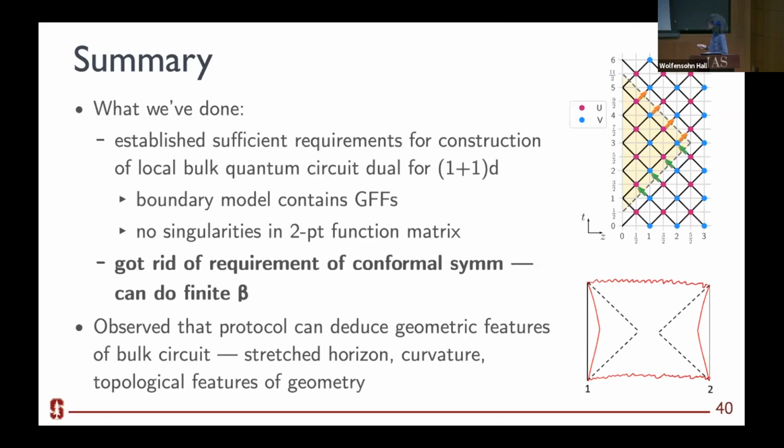We also noted that we were able to get rid of the requirement of conformal symmetry in our boundary theory. So we can do all of this at finite beta and be able to study holographic duality away from the usual regime. And we also observed that the protocol can deduce geometric features of the bulk circuit, such as the stretched horizon, curvature, and some topological features of the geometry.